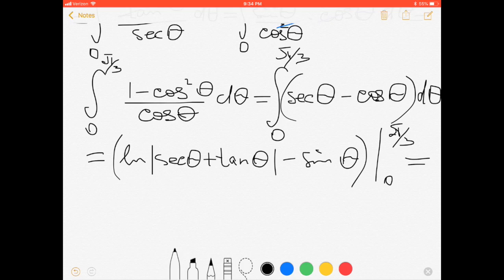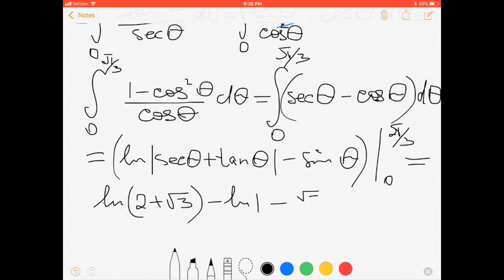If you plug in pi over 3, you have natural log of 2 plus square root of 3. If you plug 0 inside the natural log, it will be minus ln 1, and sine gives us minus square root of 3 over 2.